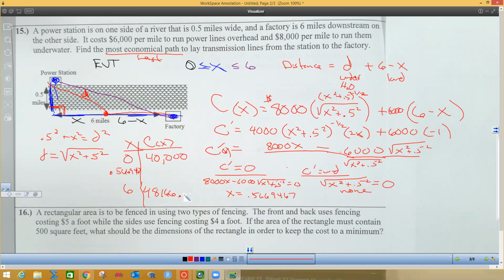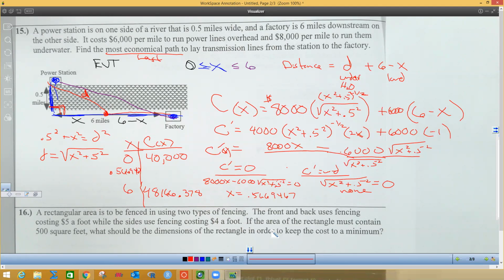And when you're talking money, we do cents, but I'm going to do 3 places anyway, because that's what we do in calculus. Now, we would round that to 38 cents. You'd want to be careful, because the directions might tell you to round to the nearest cent. So far, going straight across the river and down is cheaper.